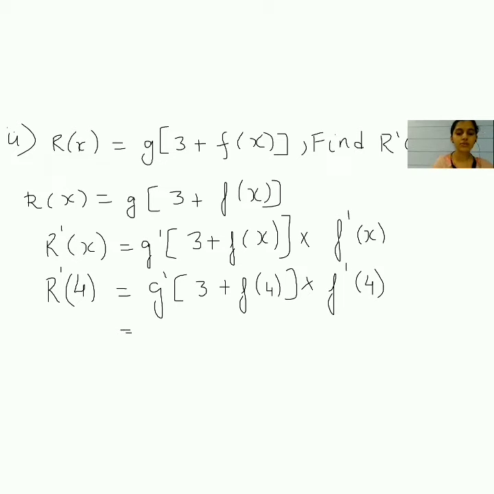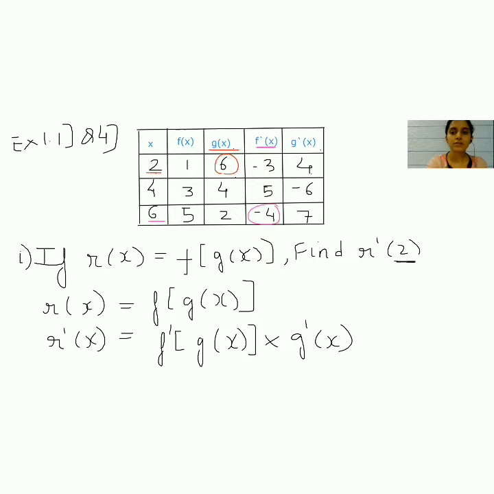Okay, let us find out what f of 4 is first. What is f of 4 from the table? This is f of x, and what is f of x when x is 4? The answer is 3. So we'll put 3 over there.